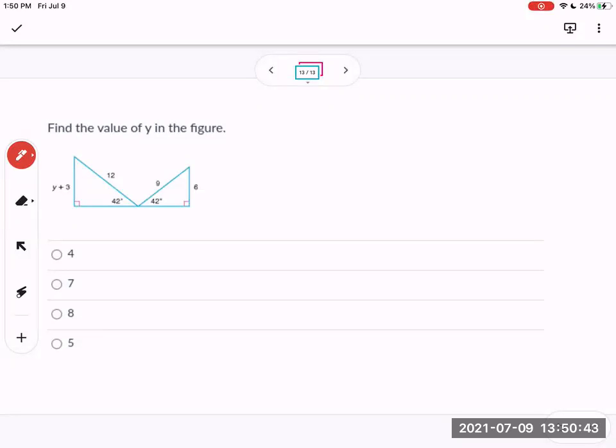Find the value of y in the figure. So you know that these are similar triangles. So you know 6 is to 9 as y plus 3 is to 12. That makes sense? Wait, is it because of the right triangles?